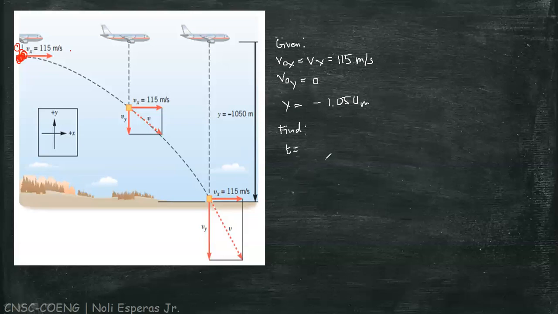We can use the equation y minus y naught is equal to v naught y t plus 1 half ay t squared.